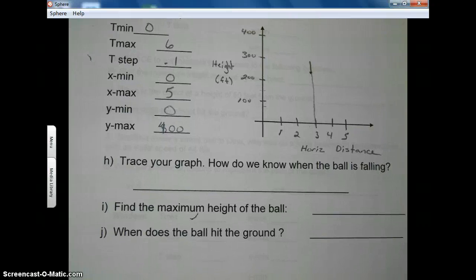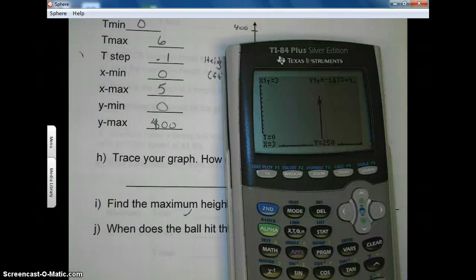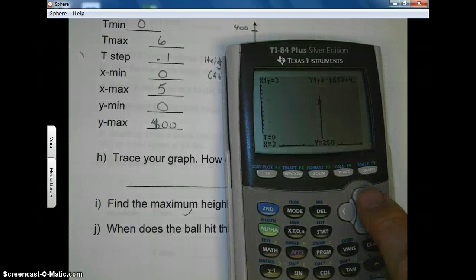Okay, next question. Trace your graph. How do you know when the ball is falling? Well, if we press trace, and we go up, going up, watch the Y, we're going up, up, up, up.